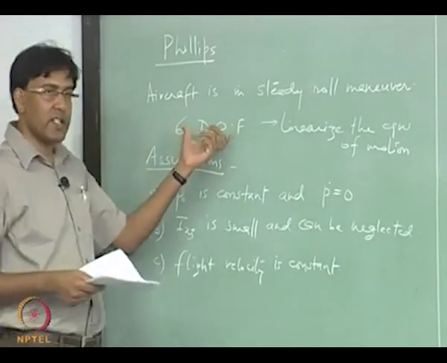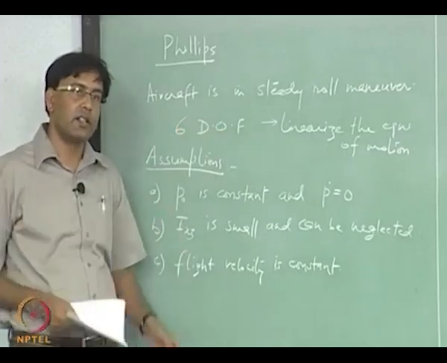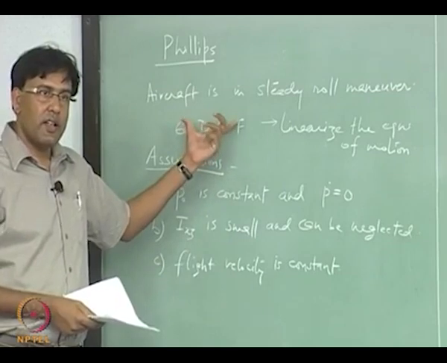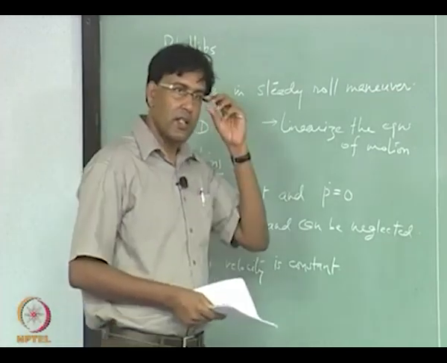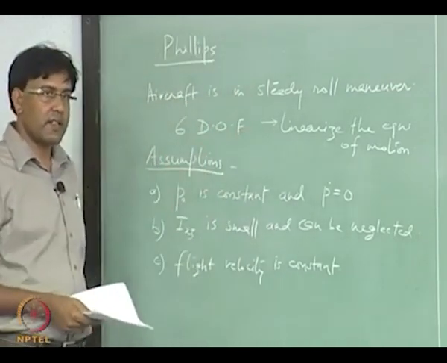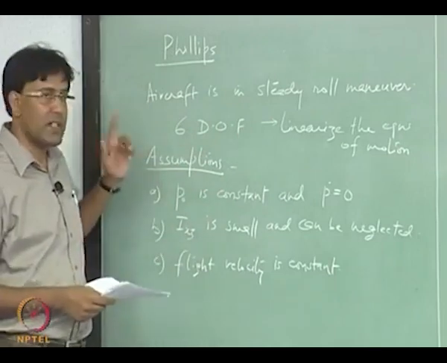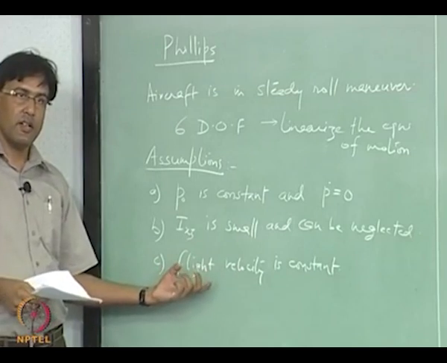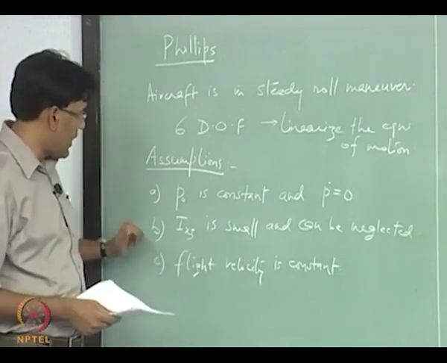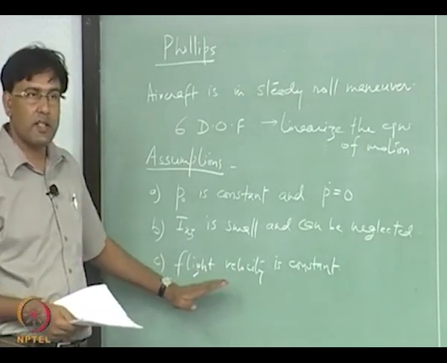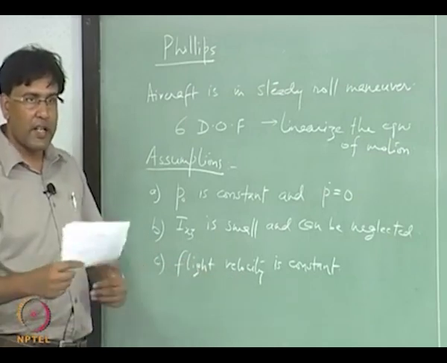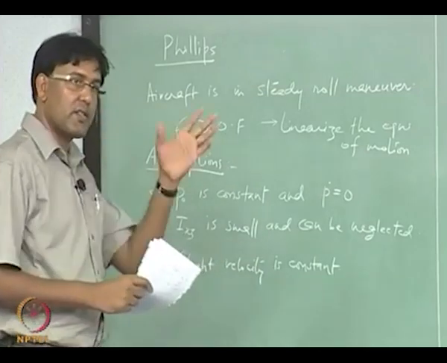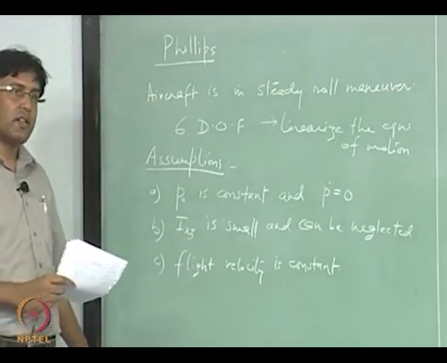So, we have 6 equations here, excluding the phi dot and theta dot equations, in terms of 3 velocities and 3 rates, and from there he drops the first equation corresponding to this velocity, right, and this velocity is the u velocity, or if you write the equations in the wind axis fixed system, then it is v dot, right.